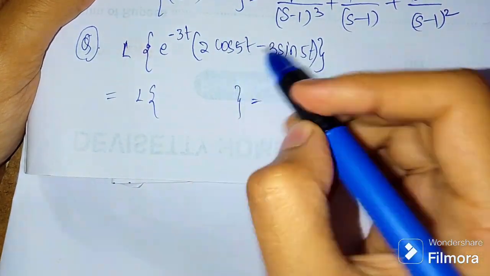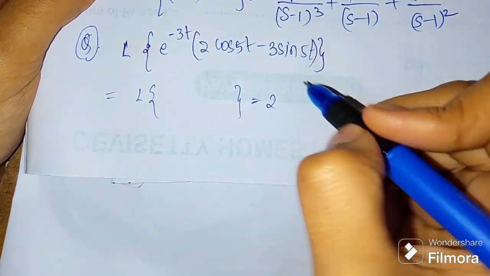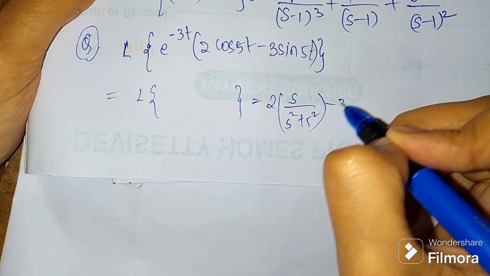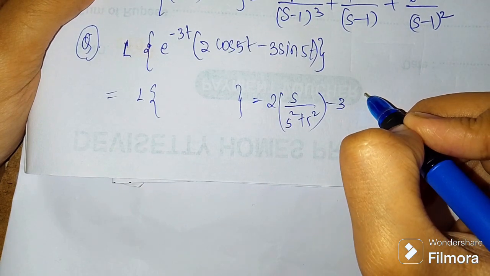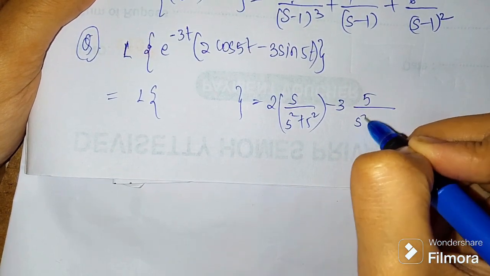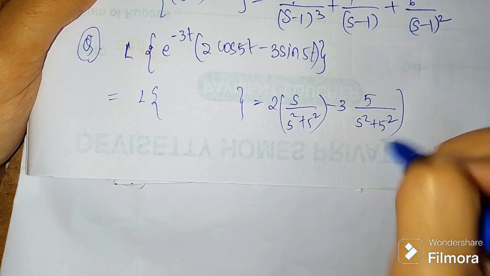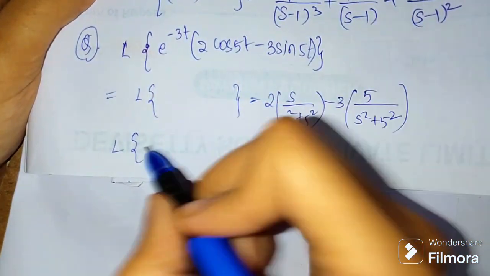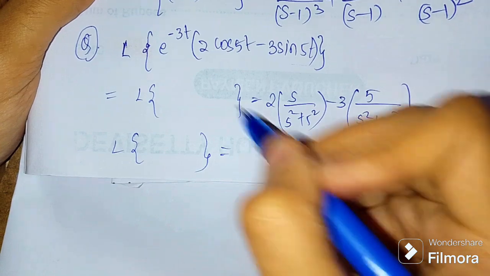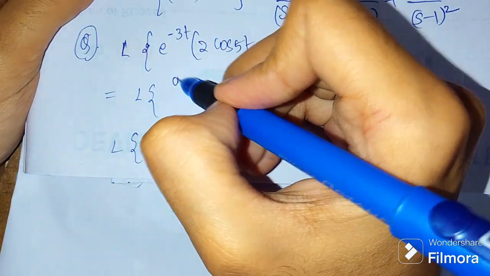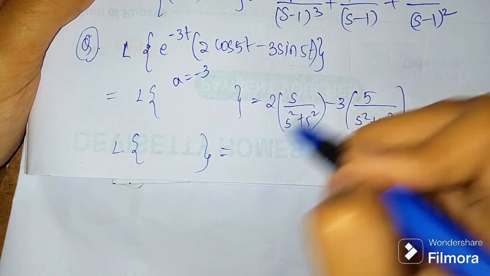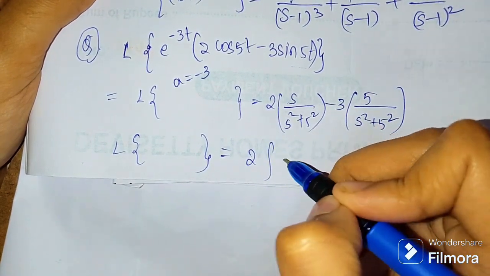Cos pi t answer is s by s square plus pi square, minus 3 into pi by s square plus pi square. Then you write Laplace of this whole thing. Now here a is minus 3, so I should shift s to s plus 3. Your answer is over.